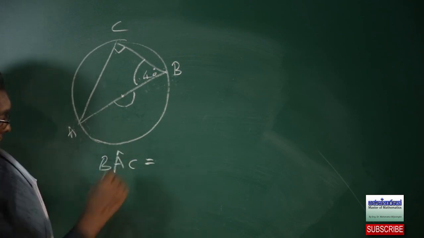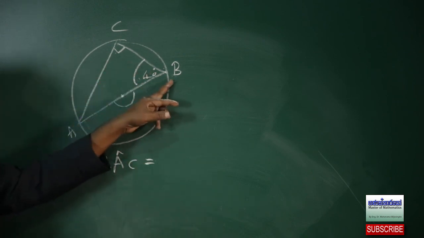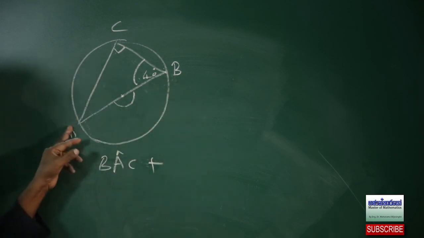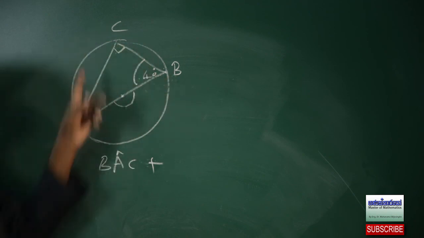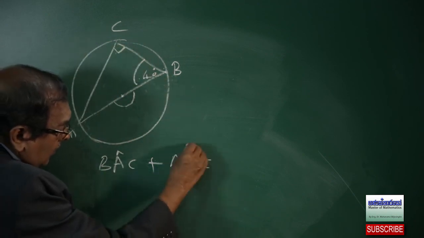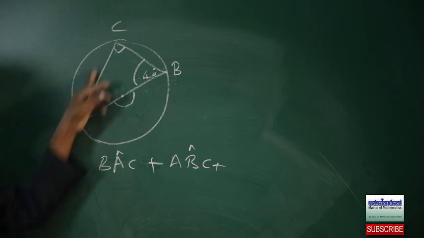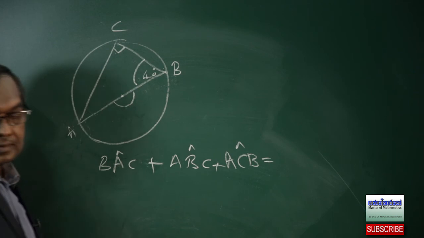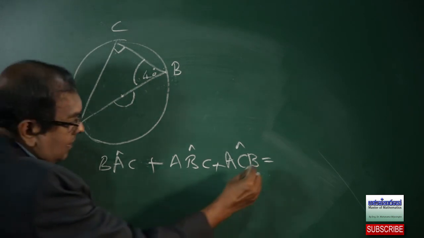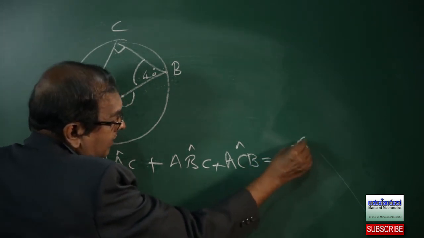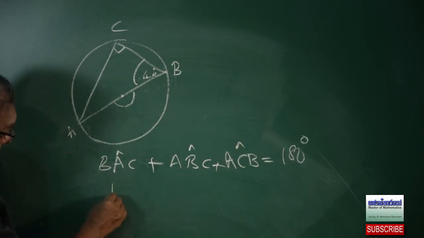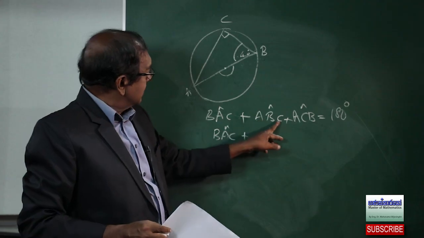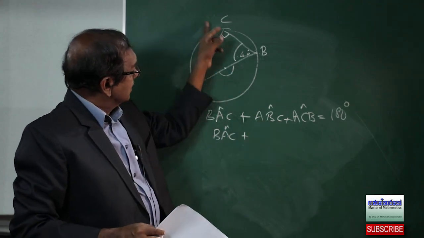We get that BAC plus ABC plus ACB equals the internal angles of the triangle, 180 degrees. Then BAC plus ABC. What is the value of ABC? It's 40 degrees.